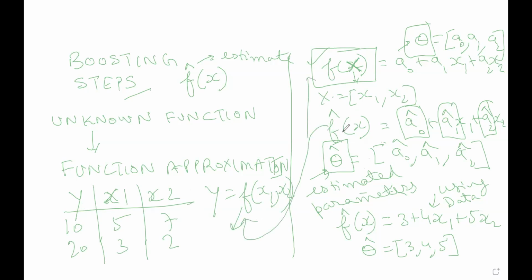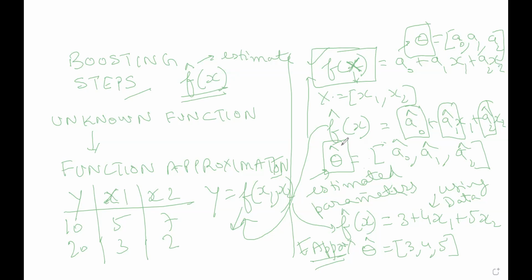After the estimation, maybe this is the kind of output I get, and I say this is my function approximation. This is what we are trying to do using either an econometric model or a machine learning model. Whenever we say f cap x, it is my estimated function, with known parameters, that is, we are dealing with theta cap with a functional form.